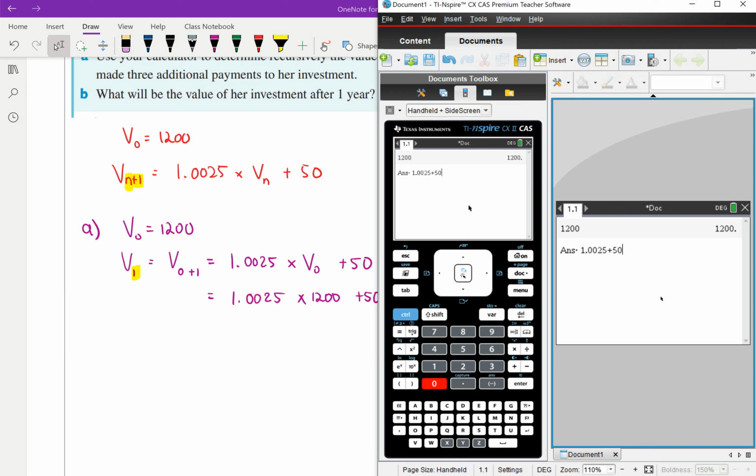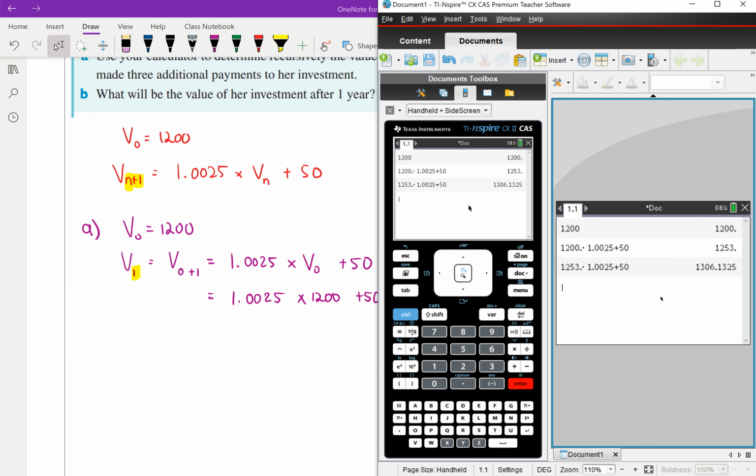I literally just typed times and it's followed on. Notice it says ANS. The ANS naturally picks up from the previous answer, and it said previous answer times 1.0025 plus 50. So now when I press enter and I press enter again, it naturally will take the previous answer and multiply by 1.0025 and add 50.